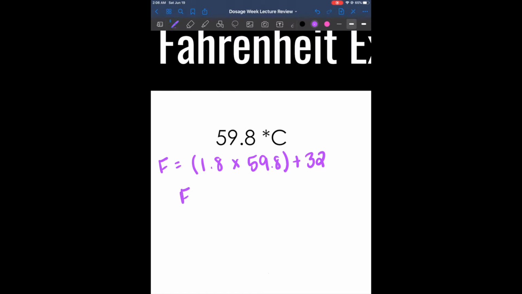Do what's in your parentheses first. 1.8 times 59.8 plus 32, and you get 139.6 degrees Fahrenheit.